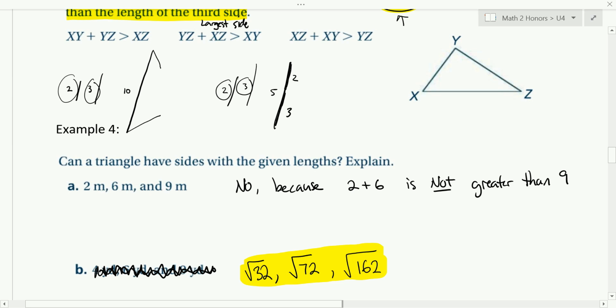And I want you to decide if you had those three side lengths, could you get a triangle? What are we thinking? Make a triangle or not?